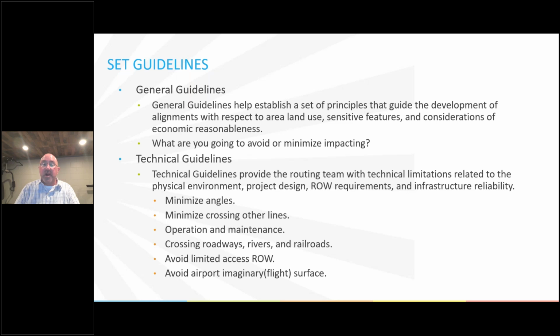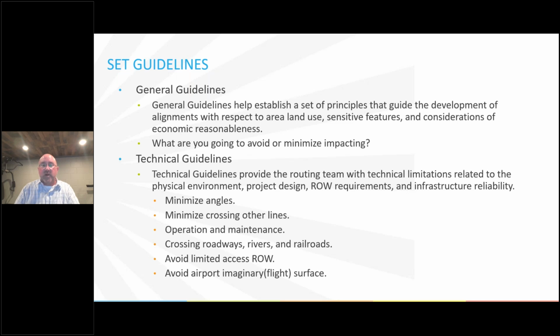Avoid crossing or minimize impacts to designated public resource lands, such as parks, large recreation areas, sanctuaries, preserves, designated historic resources and sites, and conservation areas. You also want to avoid or minimize crossing large lakes, rivers, wetlands, complexes, critical habitat, and other unique or distinct natural resources.